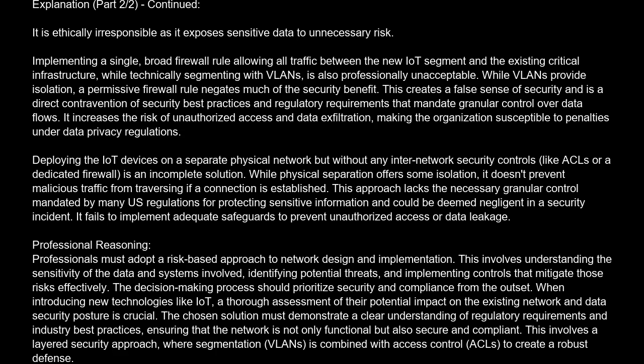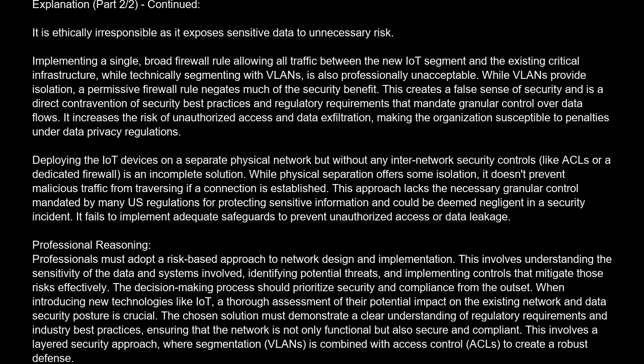Professional reasoning. Professionals must adopt a risk-based approach to network design and implementation. This involves understanding the sensitivity of the data and systems involved, identifying potential threats, and implementing controls that mitigate those risks effectively. The decision-making process should prioritize security and compliance from the outset.